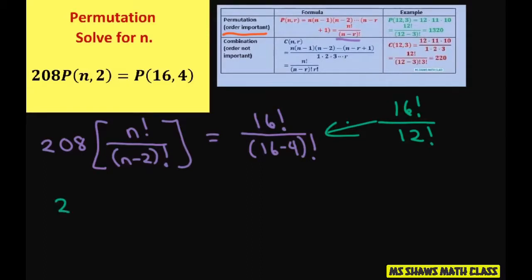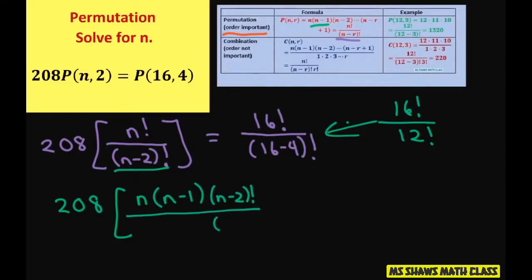So for this side, we're going to get 208, and we're using this formula, and we're going to go to our denominator, just like we did in the example. So this is n times n minus 1 times n minus 2 factorial divided by n minus 2 factorial. So this cancels out.